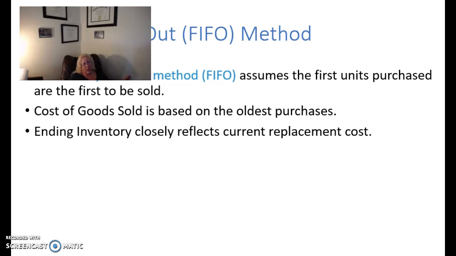And so we will remove the oldest inventory items along with their cost from the inventory record, and we're going to leave the newest units available as part of our ending merchandise inventory. And one of the reasons that this is important is because prices tend to rise. So if you take out the oldest inventory, you probably paid less for that inventory than you did your newest inventory because prices tend to rise. So that's one of the reasons that that is important to distinguish.